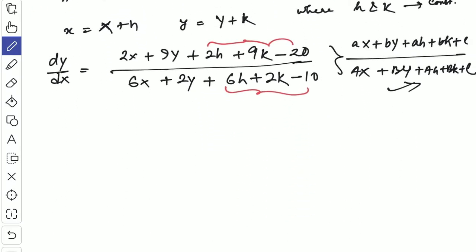So then we are going to solve these two equations: 2h + 9k − 20 = 0 and 6h + 2k − 10 = 0. If you solve these two equations using any method of solving linear equations, then what will you get?